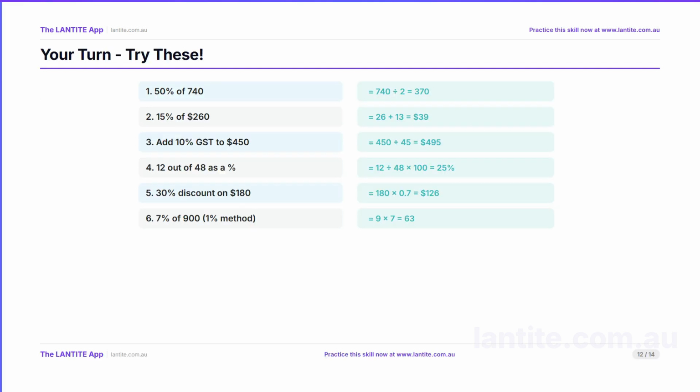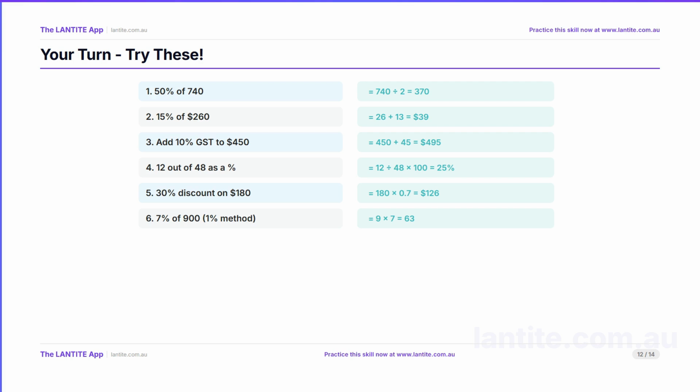Now it's your turn. Pause the video and try these 6 problems. Problem 1. 50% of 740. Use the divide by 2 shortcut. Problem 2. 15% of $260. Try the building blocks approach with 10% plus 5%. Problem 3. Add 10% GST to $450.